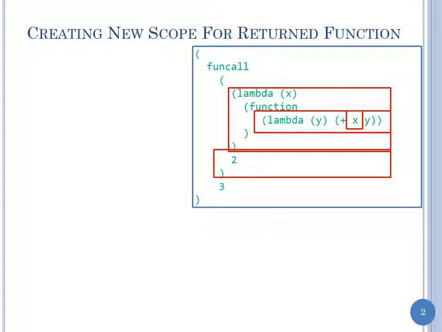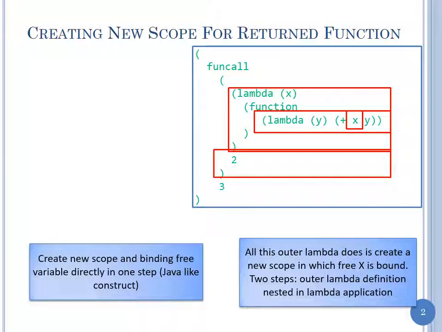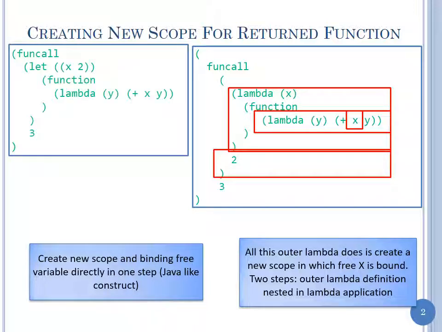We are really doing a set of some kind, right? So we'll just, but from ML, all this outer lambda does is create a new scope in which free x is bound, in 2 steps. We do the outer lambda definition, nested in a lambda application. So what we'd like to do is just create a new scope, just as a Java block, and bind free variables directly in one step, a Java-like block construct. So I'll do something like this.